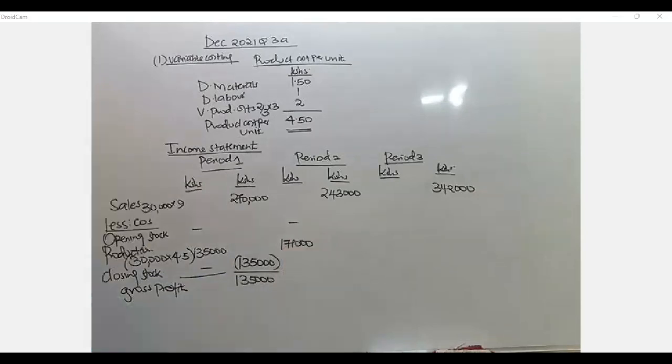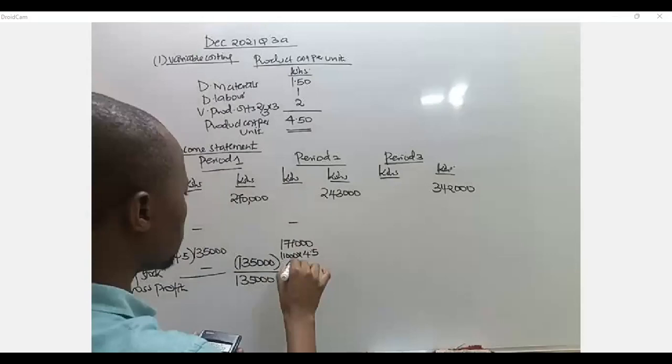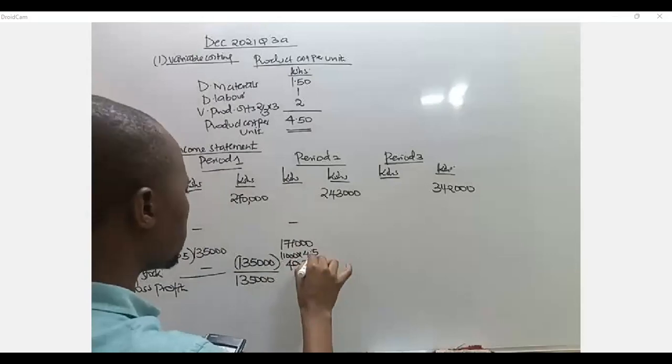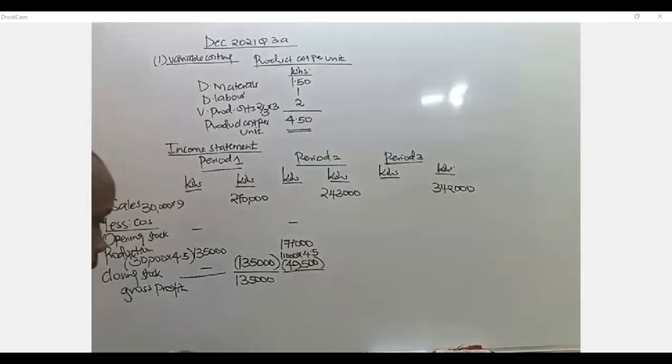times 4.5. Here we get 171,000. The closing stock is how much? You produced 38,000, you sold 27,000. What is the difference? I can even see the examiner giving you 11,000. So it will be 11,000 here, then you multiply by 4.5, getting 49,500.